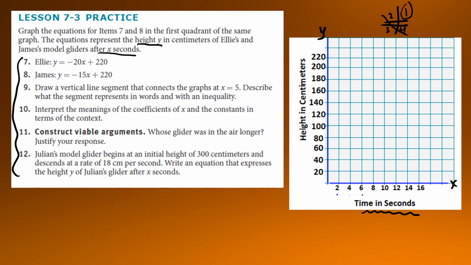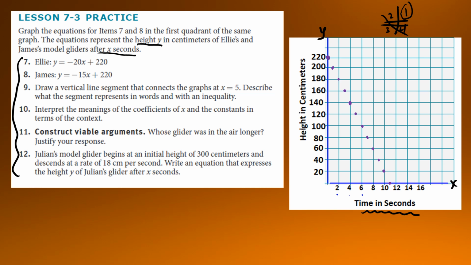So Ellie's starting at 220, and she's going down 20 every second. But my seconds are in the cracks here. So there's 1 second and another 20 on 2 seconds, 3 seconds, 4 seconds, 5 seconds, 6 seconds, 7, 8, 9, 10, 11.